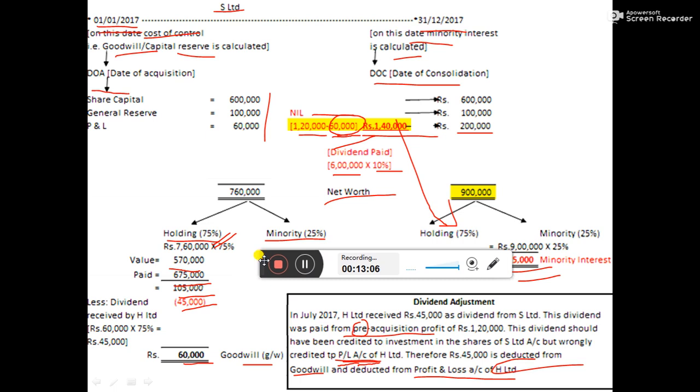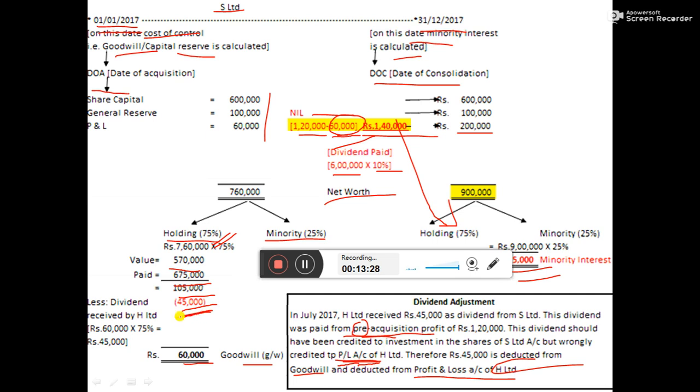Please remember that whenever dividend adjustment is there, if dividend is issued, it is given out of pre-acquisition profit. In this problem, it is given from pre-acquisition profit of 1,20,000. There will be only one effect on preparation of the balance sheet, that is on the preparation of goodwill.